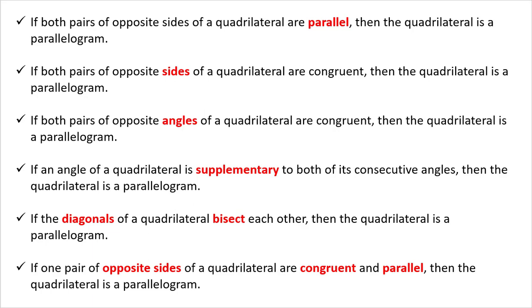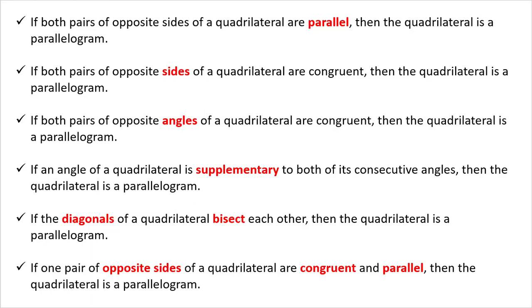Both pairs of opposite sides of the quadrilateral are parallel, then you have a parallelogram. That was our definition, so this is the converse of that. Both pairs of opposite sides are congruent. Both pairs of opposite angles are congruent. Consecutive angles are supplementary. Diagonals bisect each other.